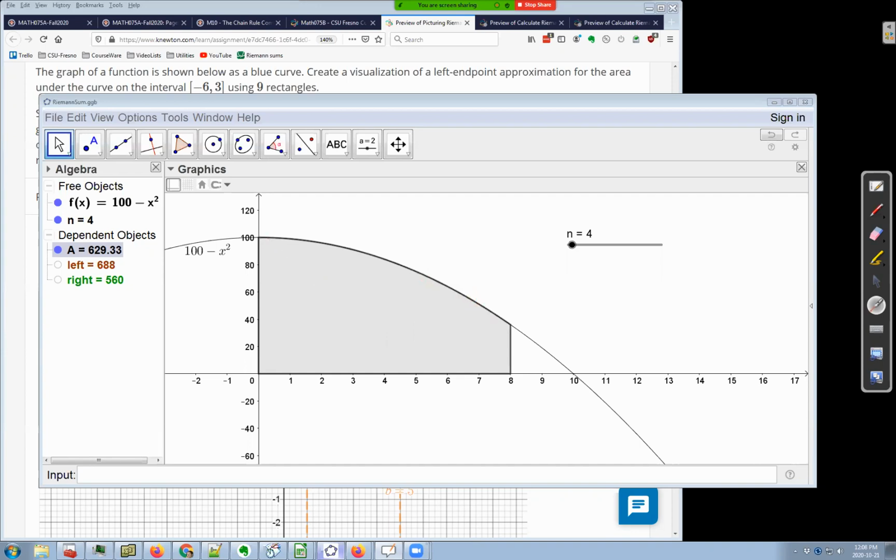For example, if this curve represents my velocity, like if I'm running a race and I start off running really fast, but as time goes by, I get more tired and start to slow down. This might be the graph of my velocity. And it turns out the area would be the total distance that I ran.